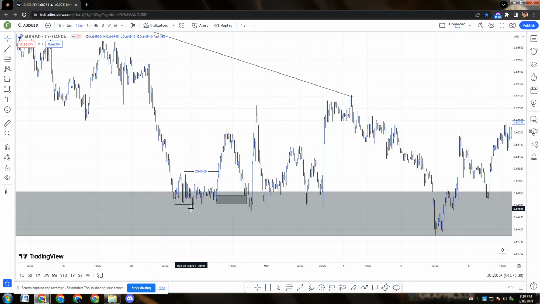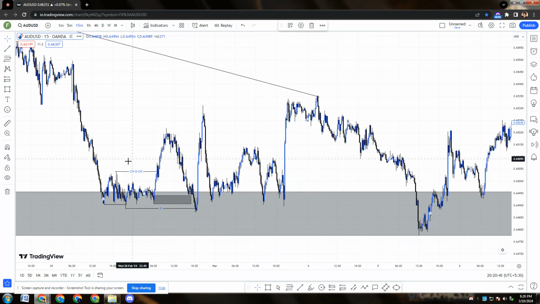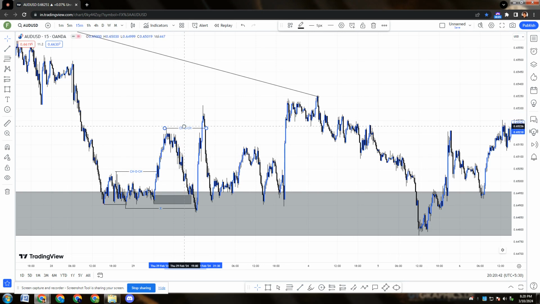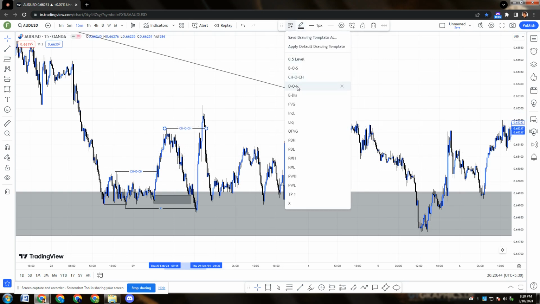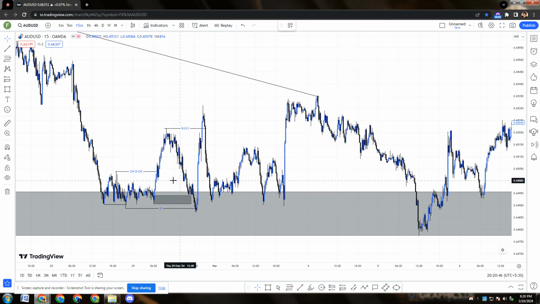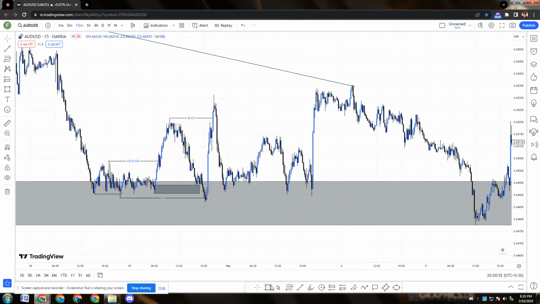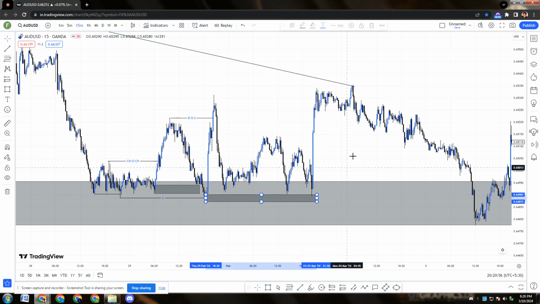Okay, and this is our lower low. The market swept our lower low, and again gave a choch to the higher time frame, the 15-minute time frame, I mean to say the 15-minute time frame. Okay, so we have a valid order block again.